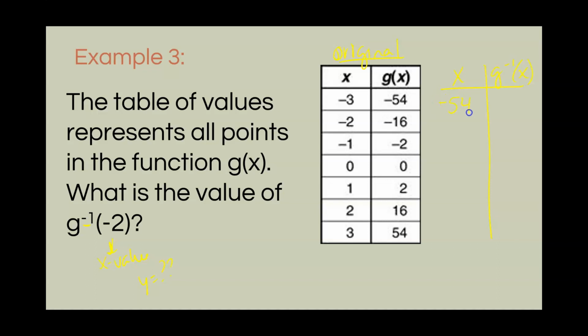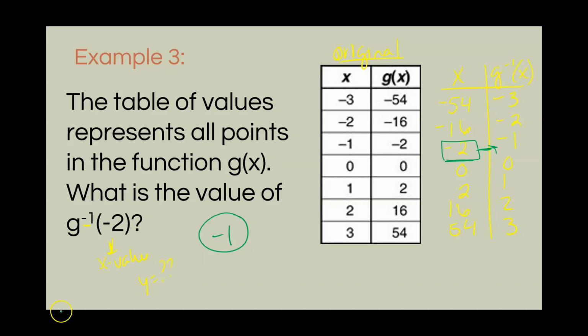So all the y's come over here, and then all our x's go on the y column. Now we can answer the question: when x is -2, what is y? -1. And that's your answer.